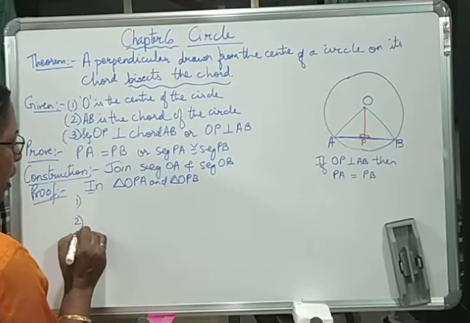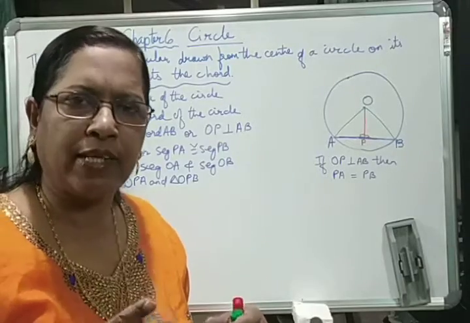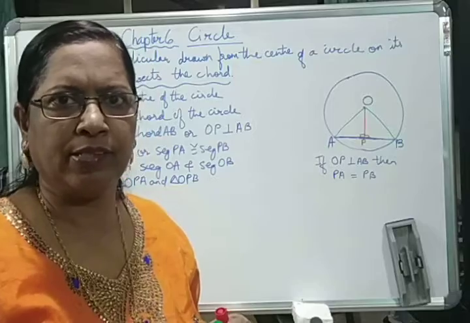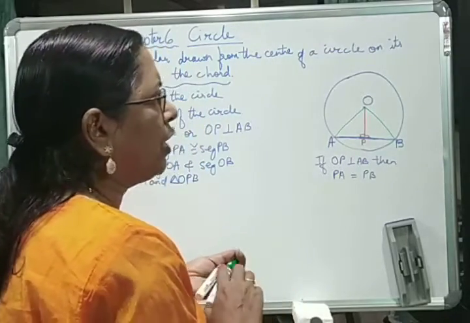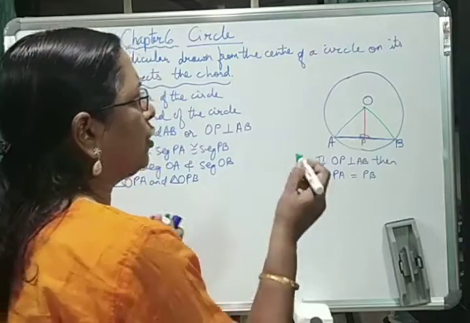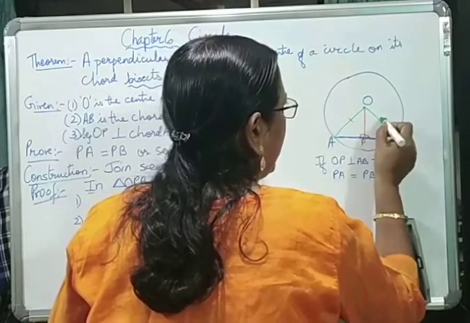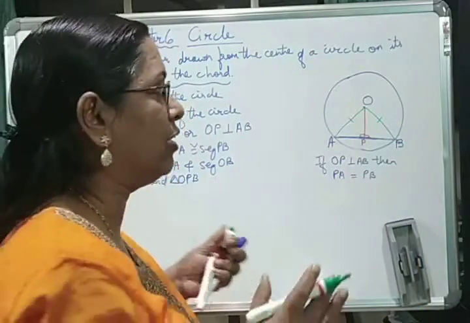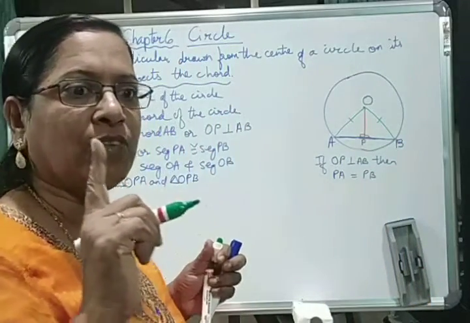And whenever you take two triangles, there are 3 statements along with 3 reasons. So over here, you know that OA is the radius, OB is also radius. So their lengths are equal. So OA is equal to OB, that is the radii of the circle.